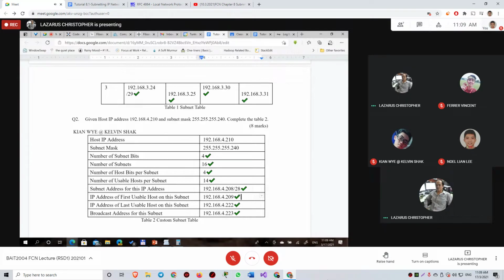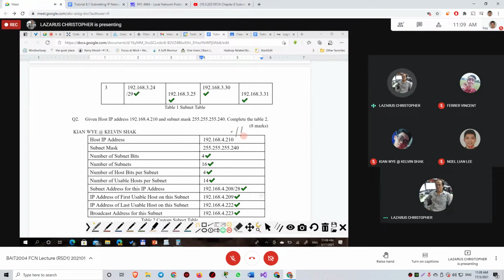Let me just work it out for you. The last octet is 11110000. So this indicates 16: 1, 2, 4, 8, so 16. 16 is the magic number.